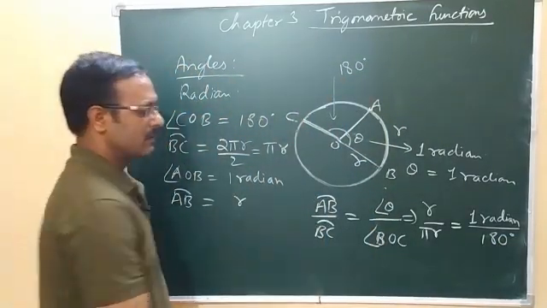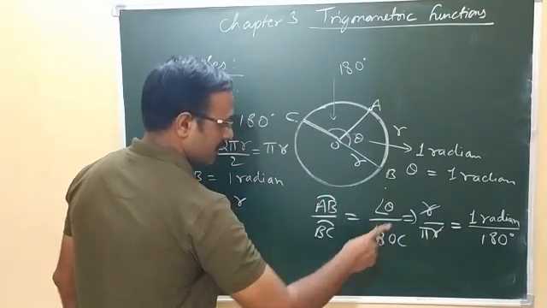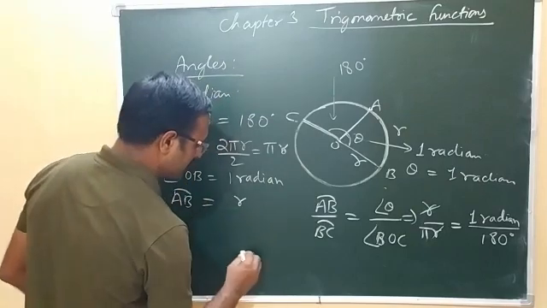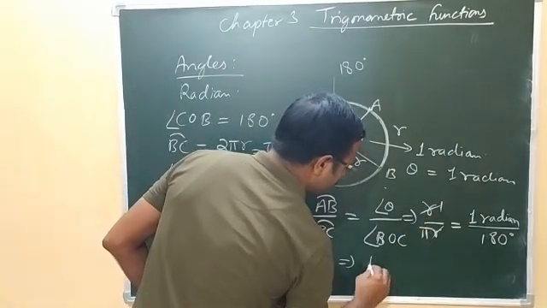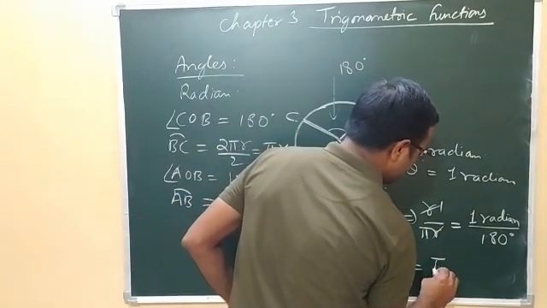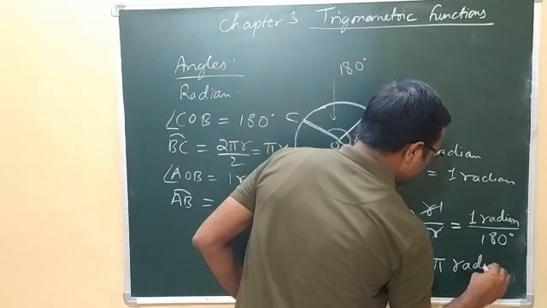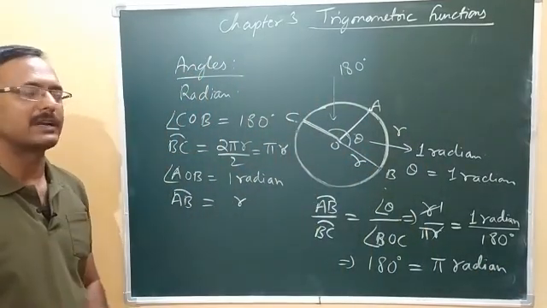Now see here, r will be cancelled by r. If you cross multiply, you will get 180 into 1, that is 180 degrees, equal to pi, which is pi radian. So you can say that pi radian equals 180 degrees.